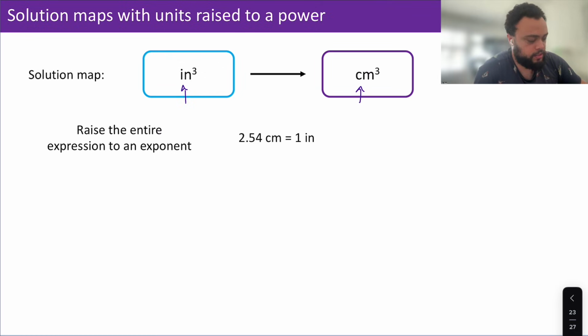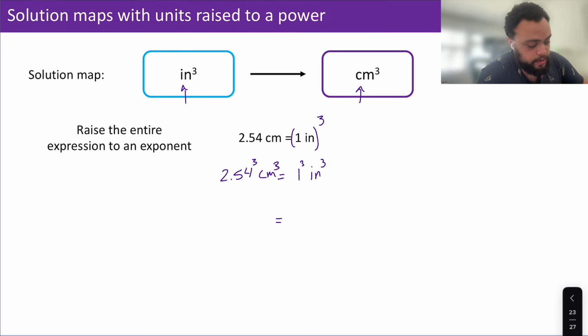We've covered this so far. If we cube everything here, we end up with 1 to the third cubic inches is equal to 2.54 to the third cubic centimeters. And so that ends up being 1 times 1 times 1 is just 1.